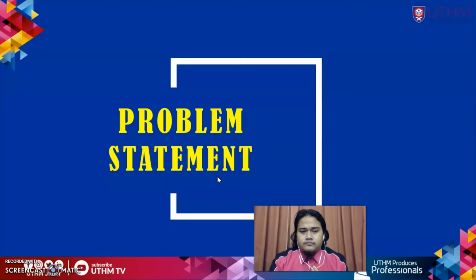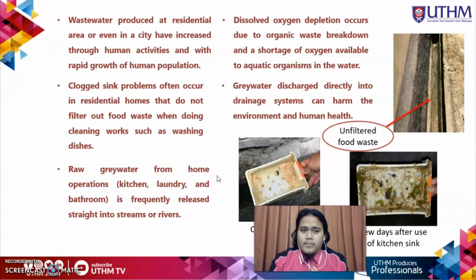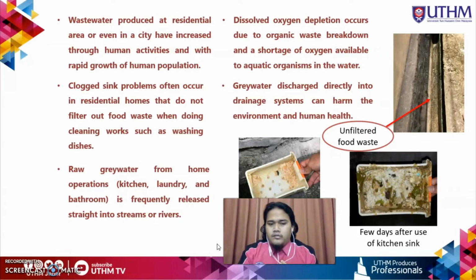For the problem statement, wastewater produced at residential areas or even in a city has increased through human activities and with rapid growth of human population. Clogging problems often occur in residential homes that do not filter out food waste when doing their cleaning works such as washing dishes.